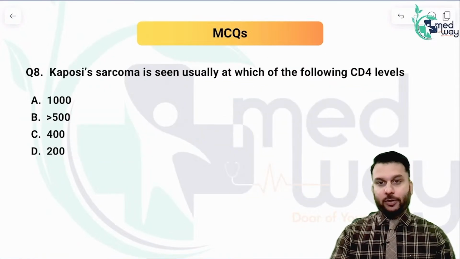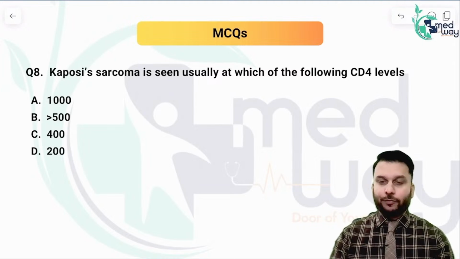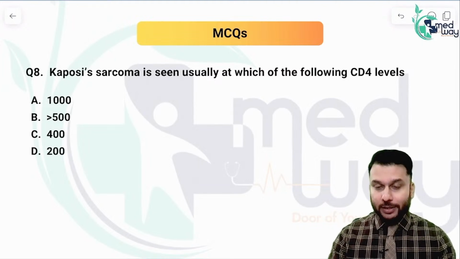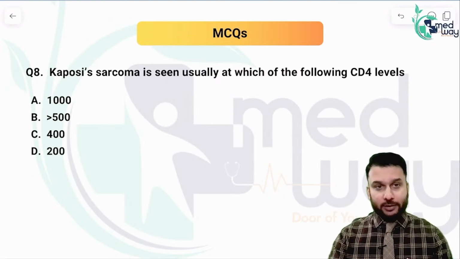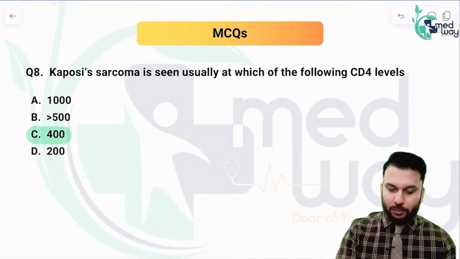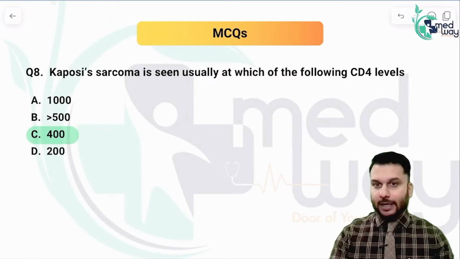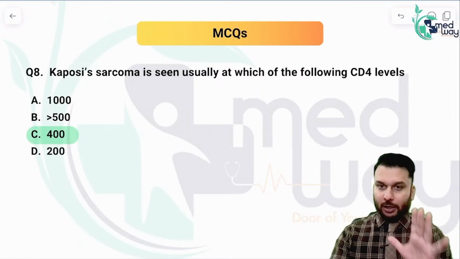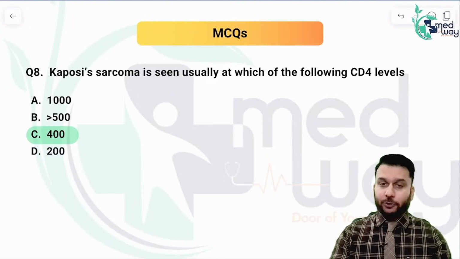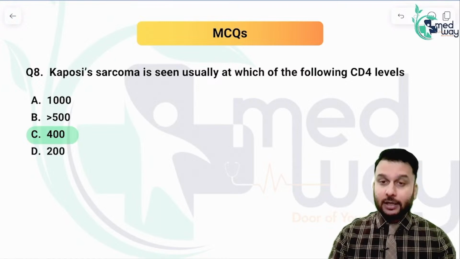Okay, so the next MCQ, as I told you, they have asked even something on the CD4 levels of this HIV infection, something called Kaposi sarcoma. So at what CD4 count do you expect this to happen? Please remember that the most appropriate answer is around 400. Okay, I don't know if exactly this option was given or something around this, but 400 is more or less the CD4 count that you got to remember at which Kaposi sarcoma is expected.